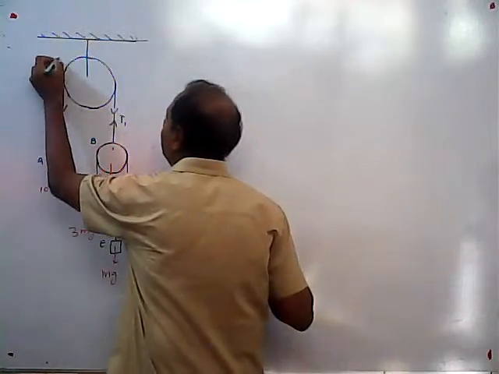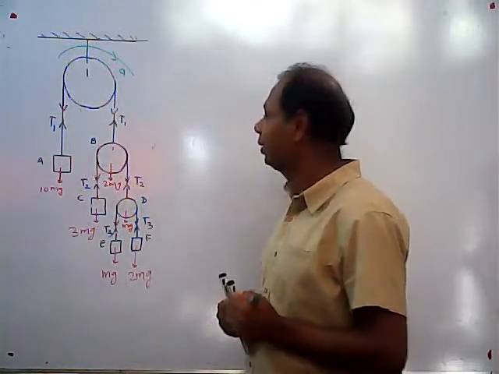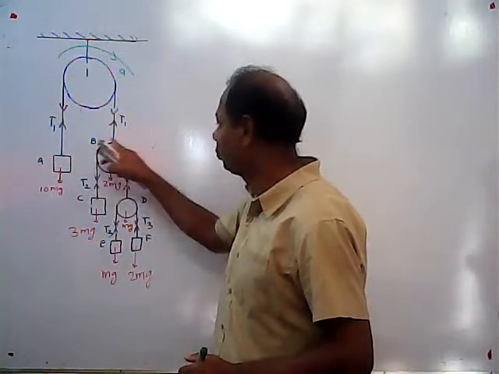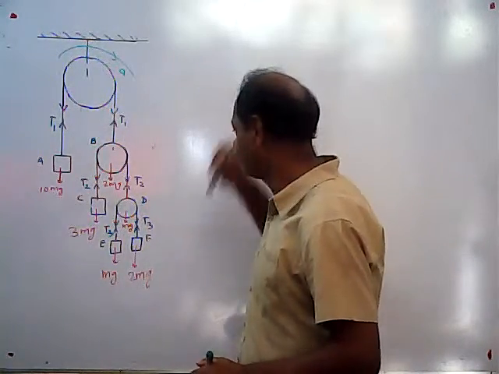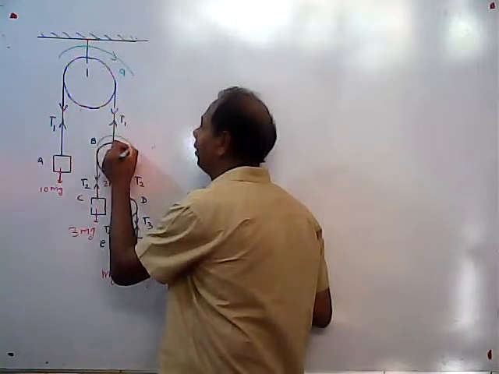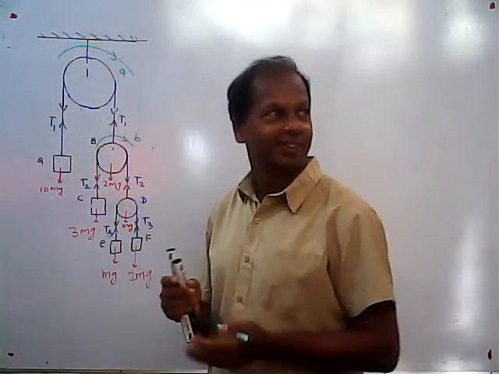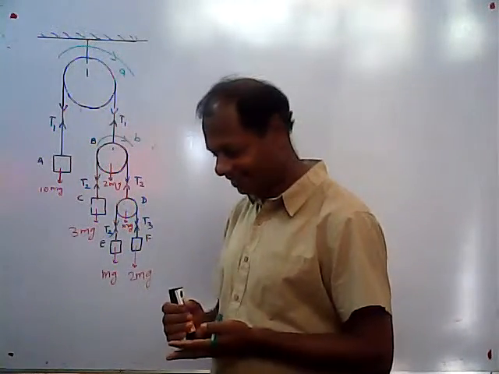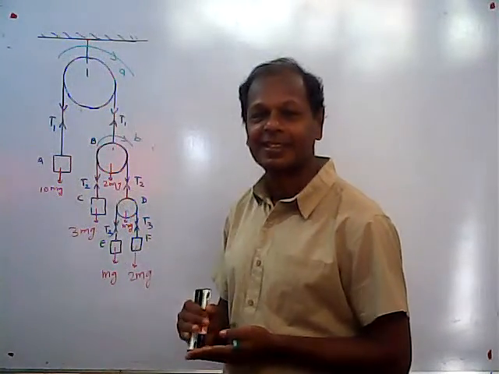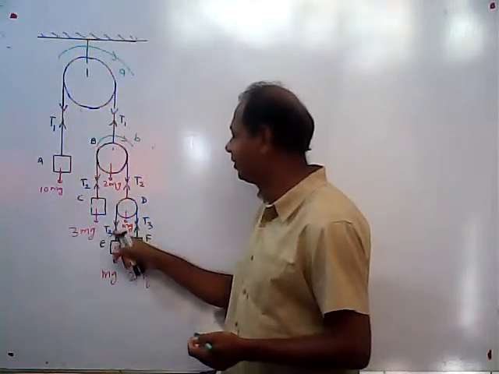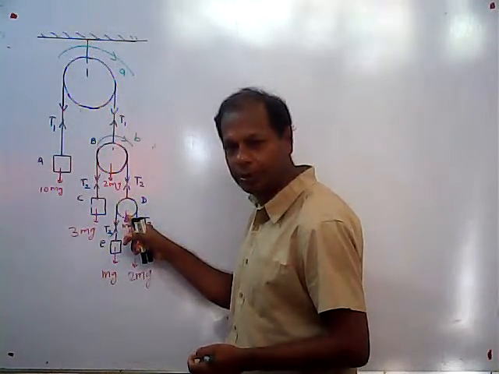So I'll take it, let's say some A. Then this rope running over this moving pulley, I'll mark some acceleration B. Then this rope runs over again this moving pulley.